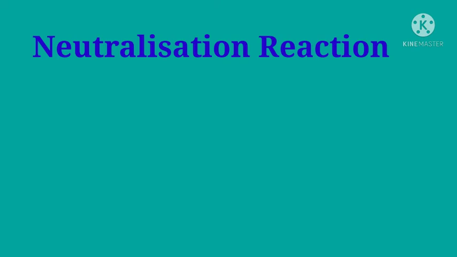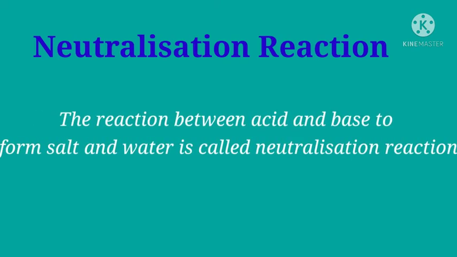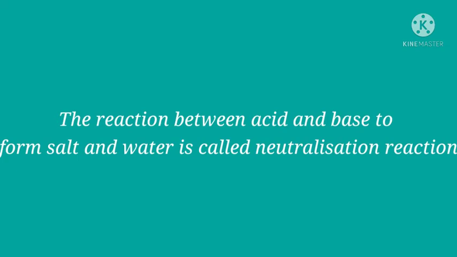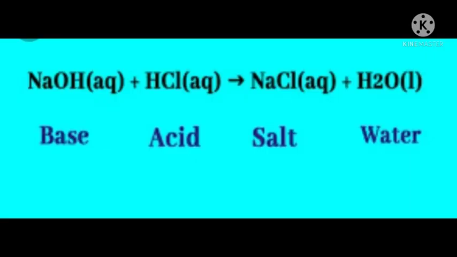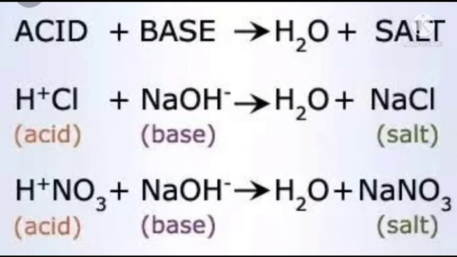So the reaction between an acid and a base to form salt and water is known as a neutralization reaction. In short form, it can be represented as acid plus base gives salt plus water. An example is NaOH plus HCl gives NaCl plus H2O. Another example is HNO3 plus NaOH gives NaNO3 plus H2O.